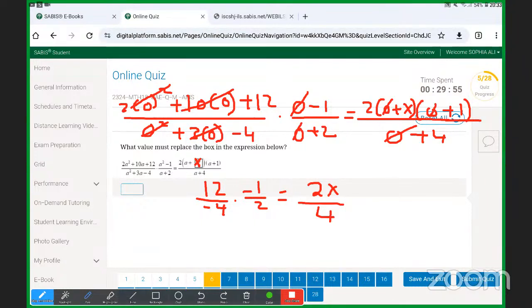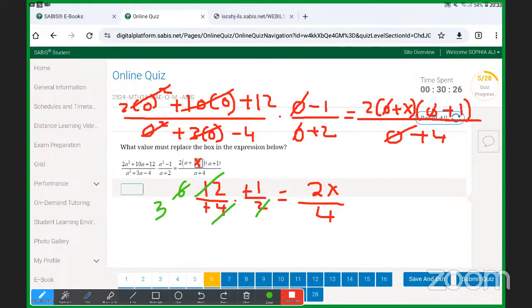Now canceling negative by negative. Can you do your simplified form? You have here 12 by 2, so it will be 6. Exactly. We have 6 over 4. What is the common factor between 6 and 4? 2. Great. 3, 2.